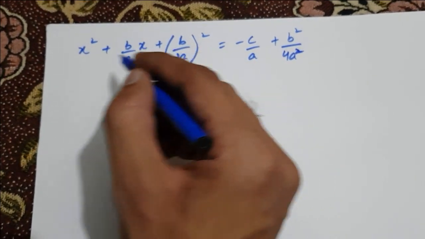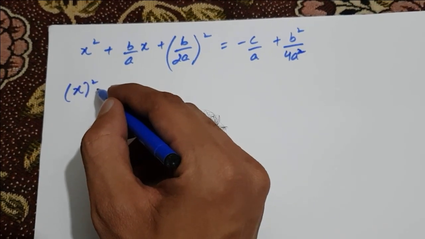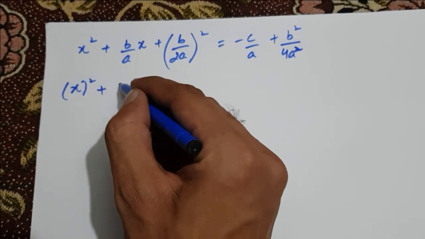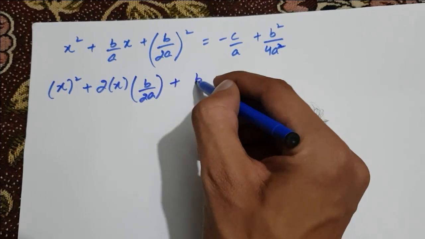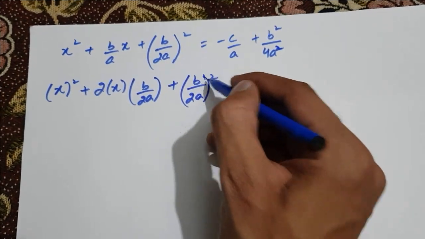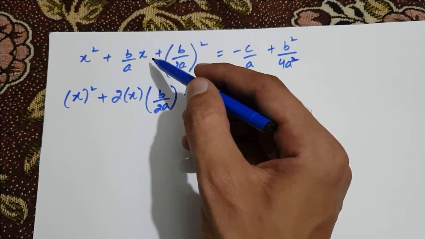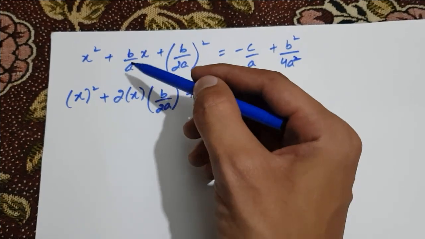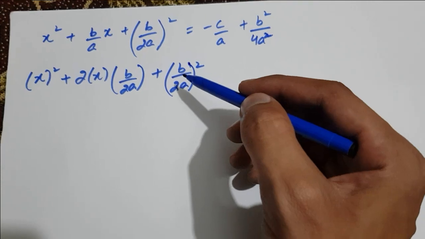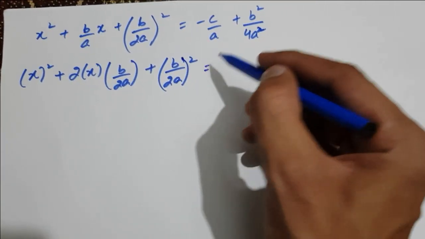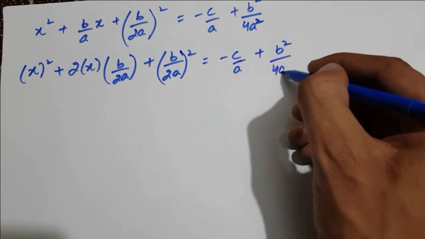Now we make this left hand side into the form of a complete square. We get the square of the first term plus 2 multiplied by the first term into the second term plus b over 2a whole square. Here we can see that the middle term is the same as in the previous step; we just wrote it in the form to make the square of the left hand side.